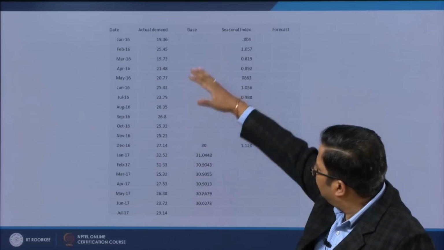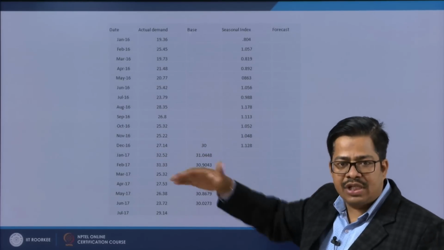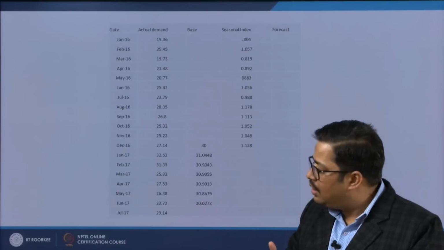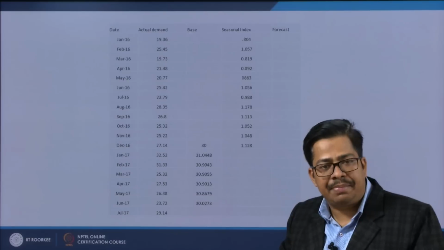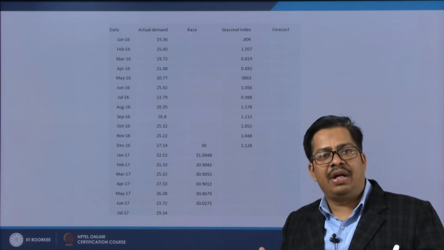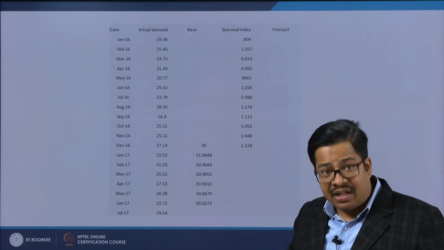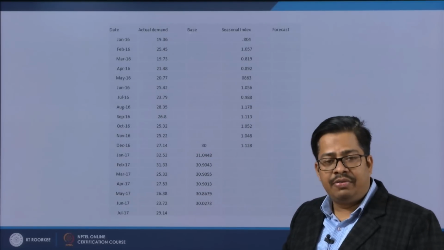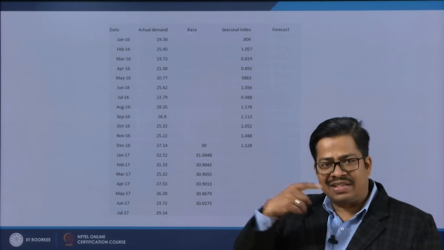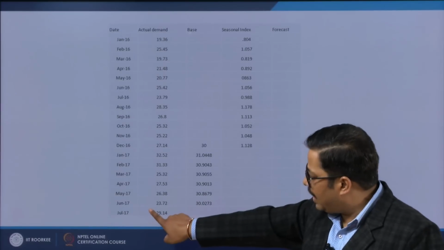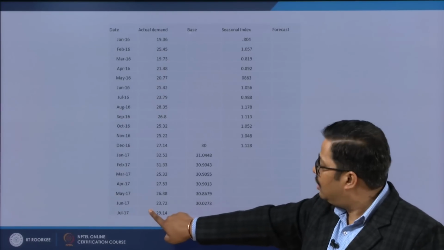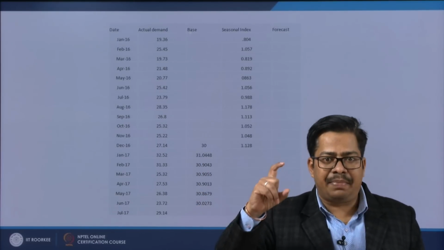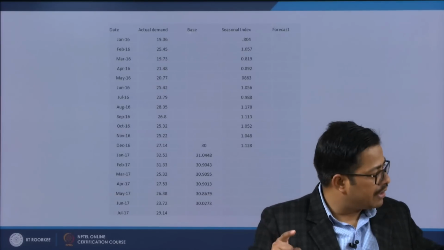If this is data presented on a monthly basis, you may also have data presented on a quarterly basis, or on a half yearly basis. Here the data is presented on a monthly basis, so you have 12 months in a cycle. So, if I am in July 2017, one cycle is of 12 months, and the cycle length is represented by capital L in our case.